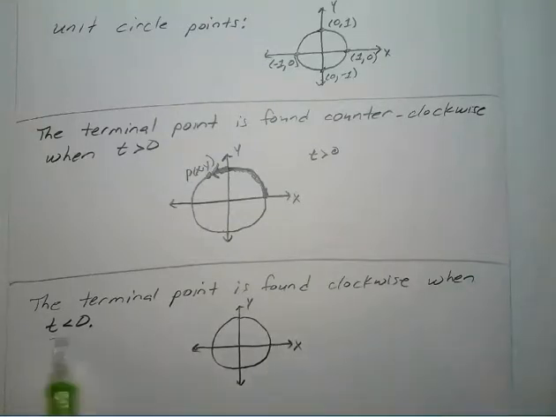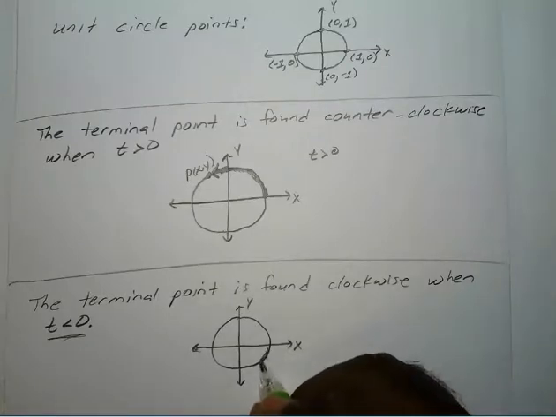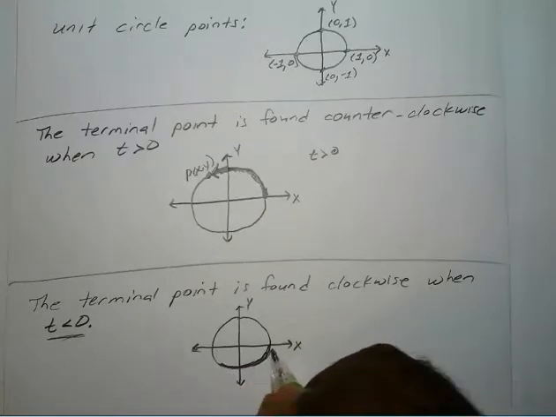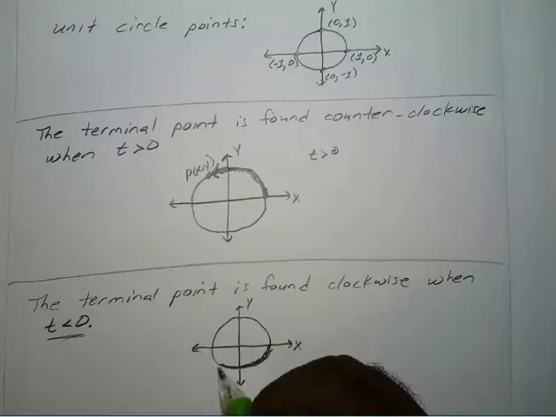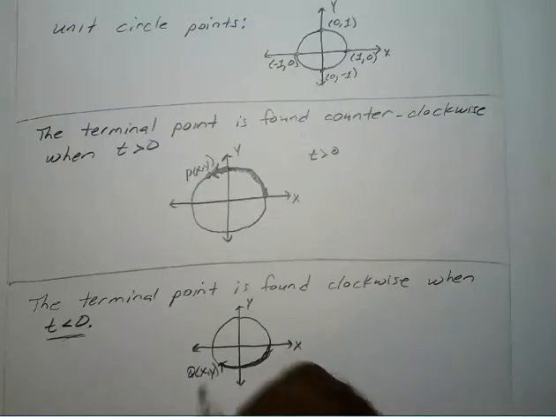And now, if your t is less than 0, you're going to go in the opposite direction, however far you have to go, depending on the value of t. And wherever you stop is your terminal point. So we'll call that Q of XY.